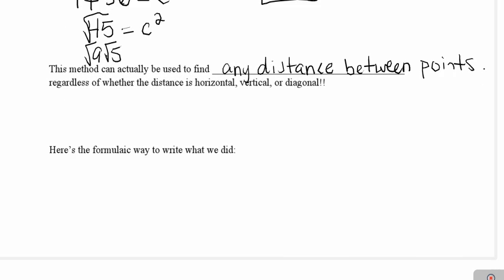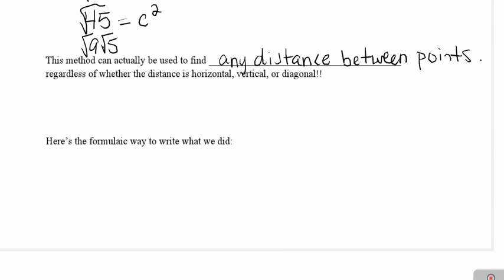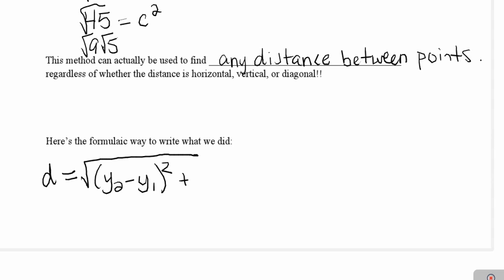So a formulaic way to think about what we just did would be the distance between any 2 points is going to be equal to the square root of the change in y's squared plus the change in x's squared. So essentially what I have underneath that square root is the Pythagorean theorem. And then lastly, we have to take the square root. So the distance formula comes from that Pythagorean theorem. So we're going to try some examples on the next page.